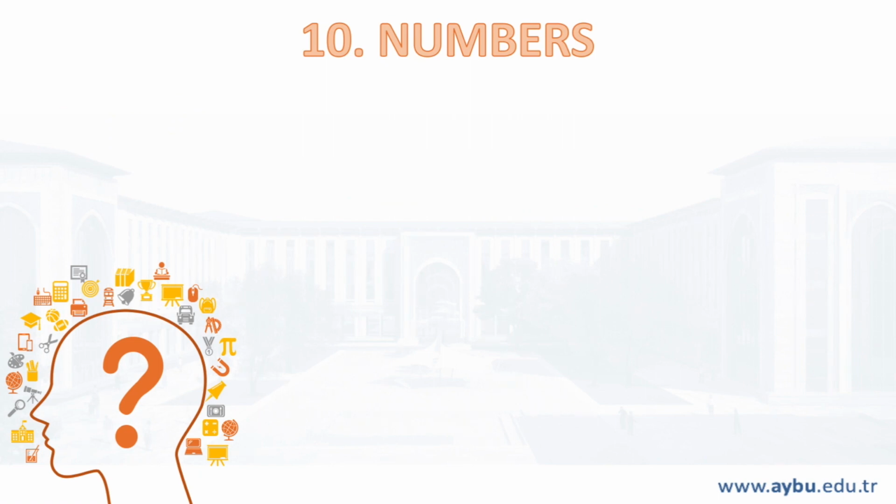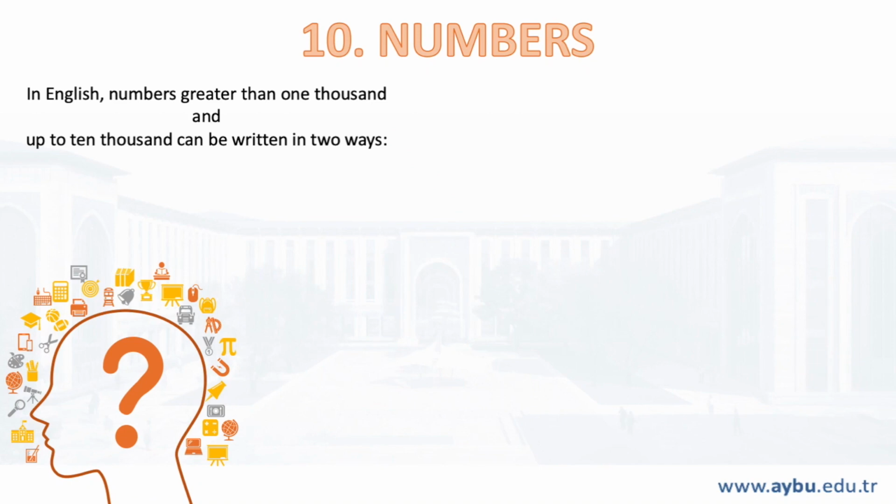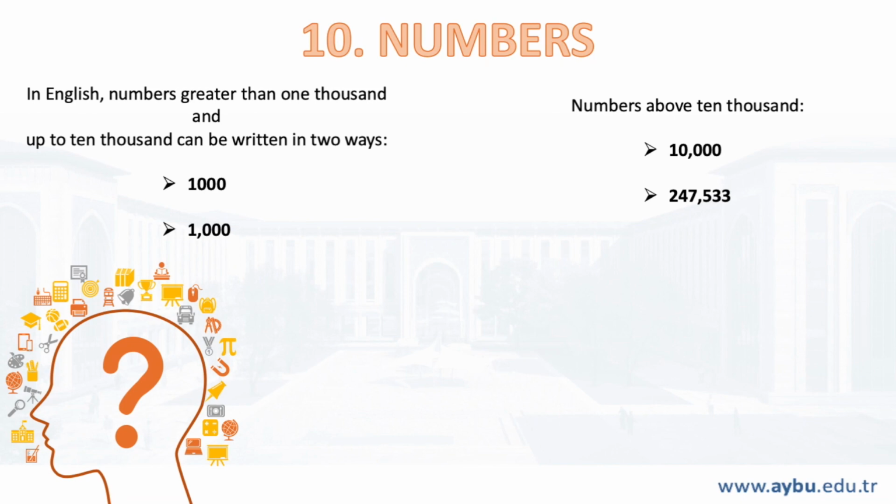And another confusing point is about numbers. In English, numbers greater than 1,000 and up to 10,000 can be written in two ways. 1,000 like this, with a full stop or a comma. Numbers above 10,000 can be written by using a comma in the following way, like this.